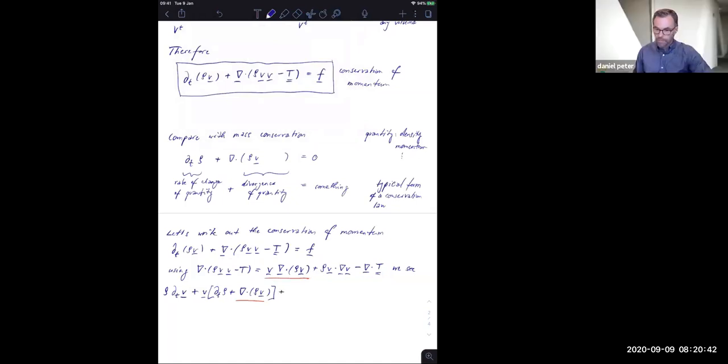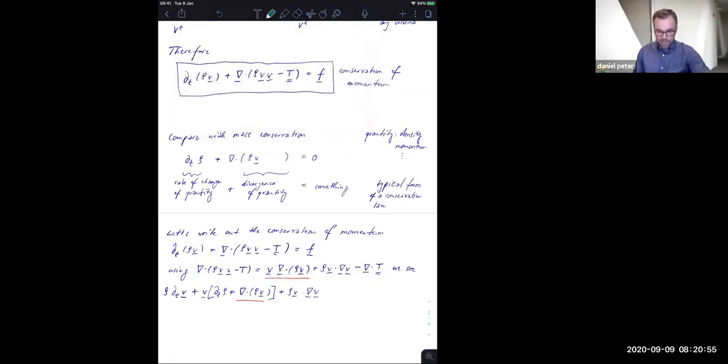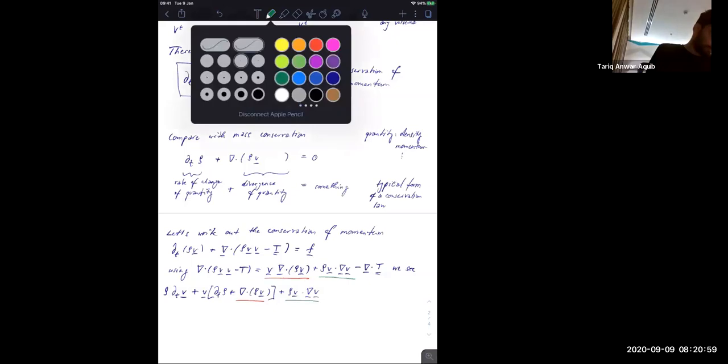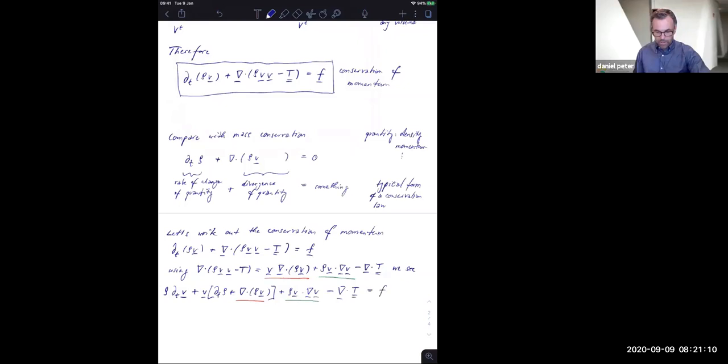Okay. Then come the additional term with rho v. So this is green, this term. And then minus the divergence of the stress equal to F, body forces.